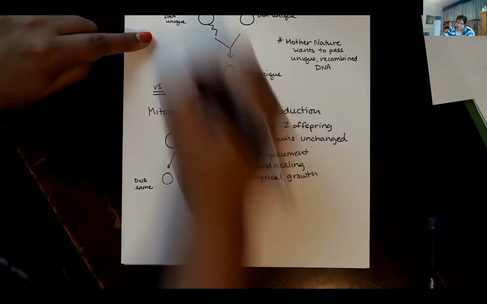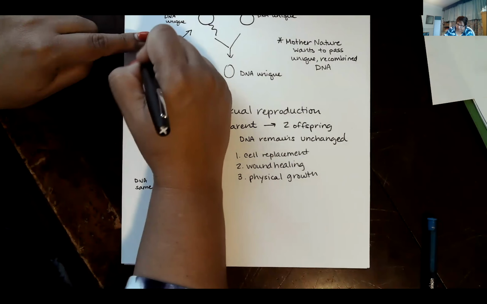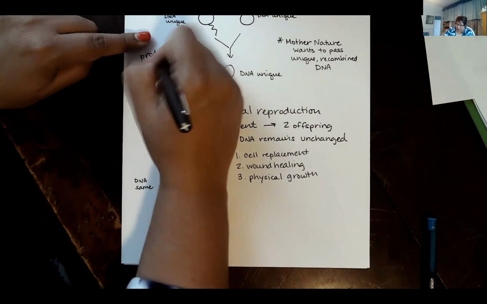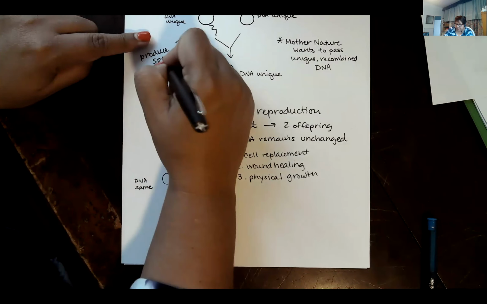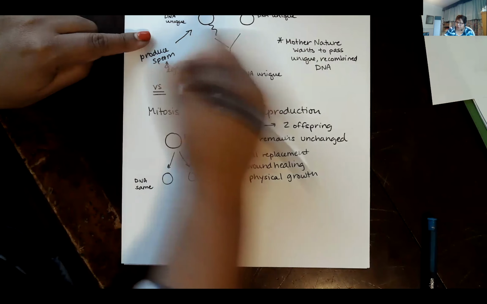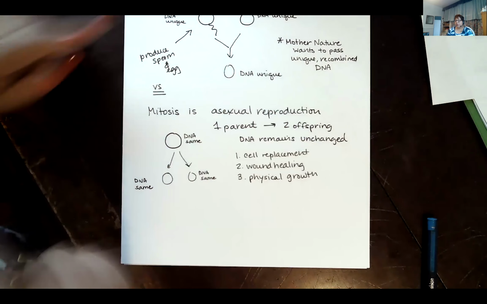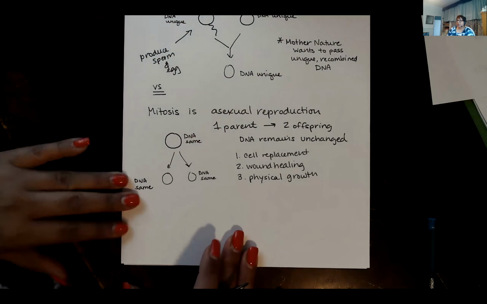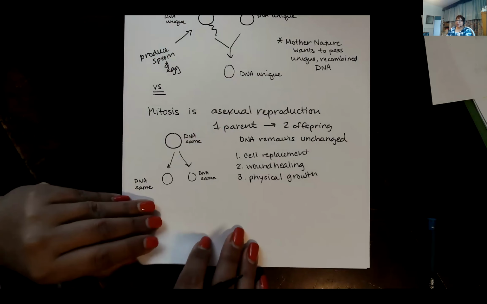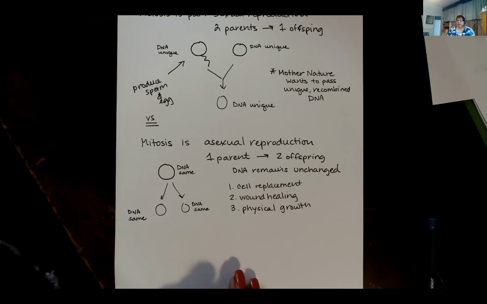Meiosis is how we produce the sperm and the egg, which will eventually fertilize in order to make a new human. So meiosis is not making a human, it's producing the sperm and egg, which eventually will undergo fertilization to make the new human.